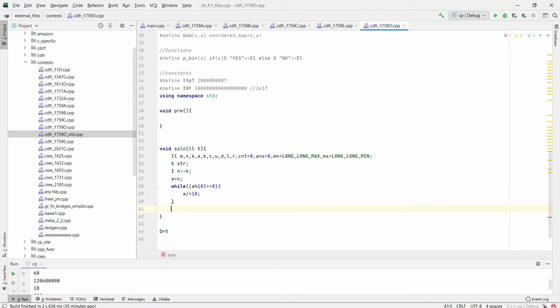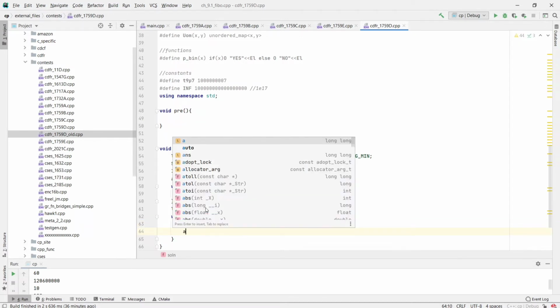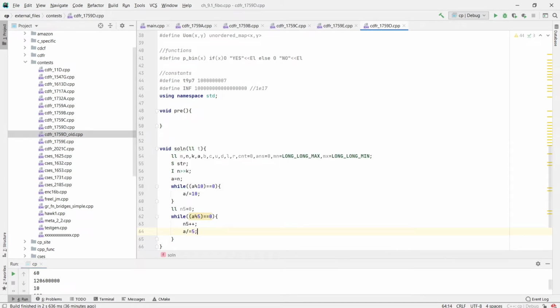That is removed. Now let's say n5 equals 0. Now we are counting the number of 5s inside: if a%5 equals 0, then we increase n5 and divide a by 5.